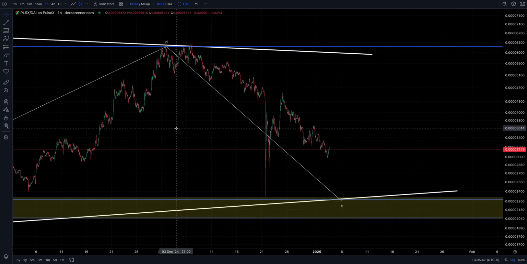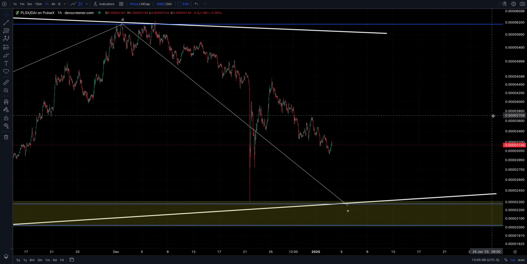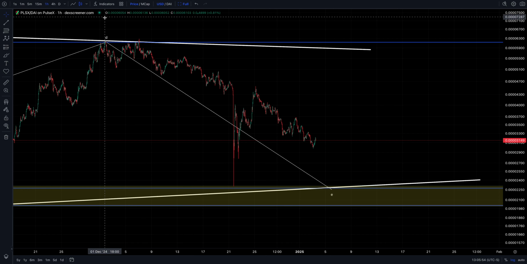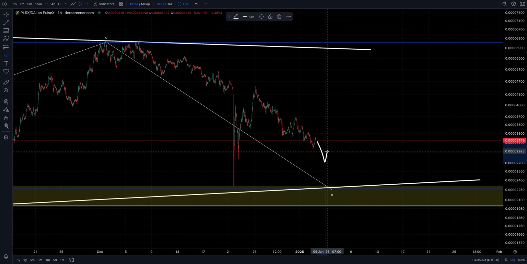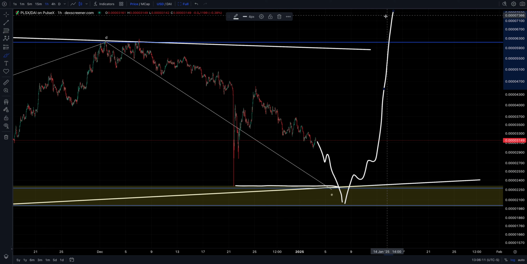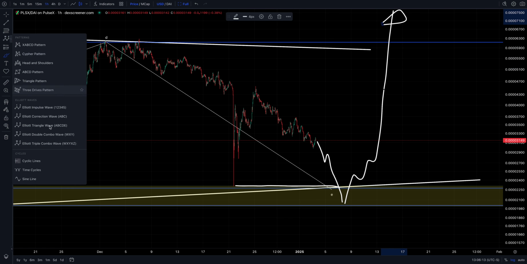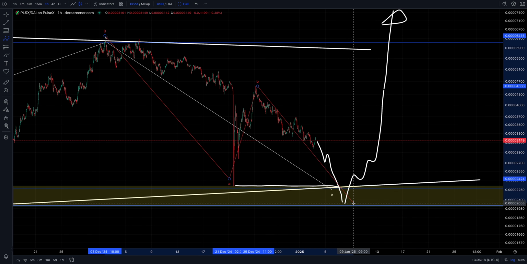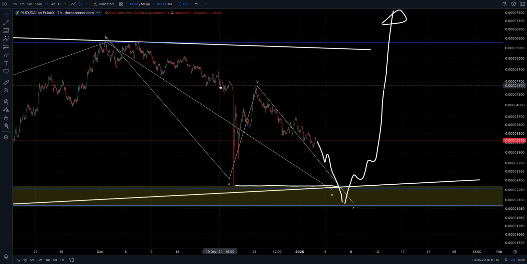So what it looks like is, like I said in my last video, I think what we're going to see is one push down to sweep these lows towards 402010, I believe, and then we see the nice pop up from there, and then this over here would be your A, B, and then your C for your subwave.